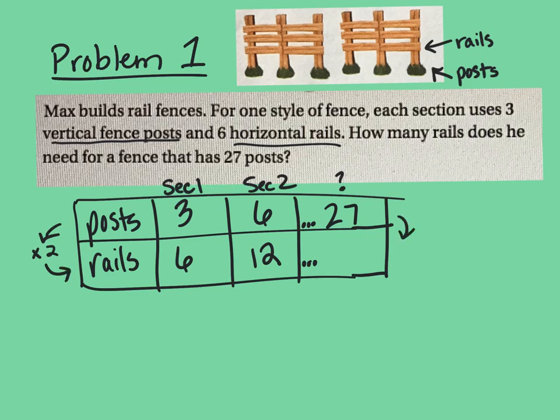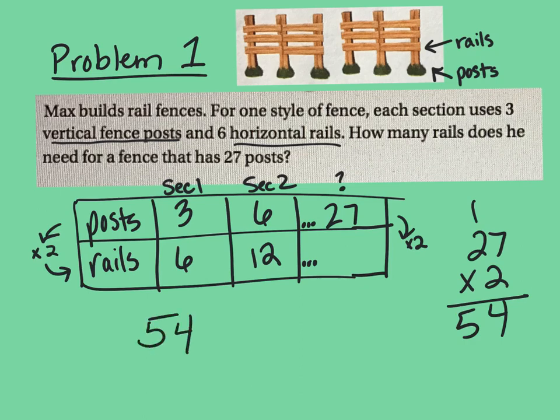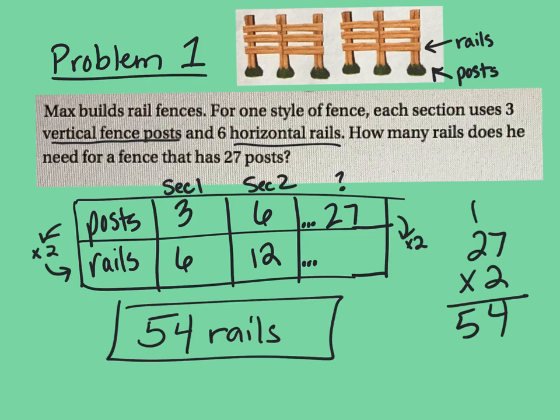So if I apply that rule here, 27 multiplied by 2 gives me 54. So my final answer is 54 rails will be needed for a fence that has 27 posts.